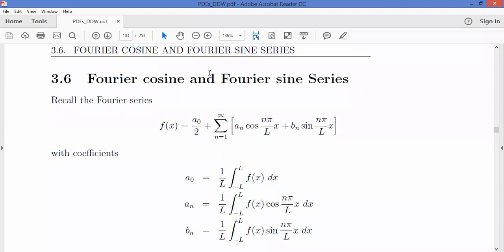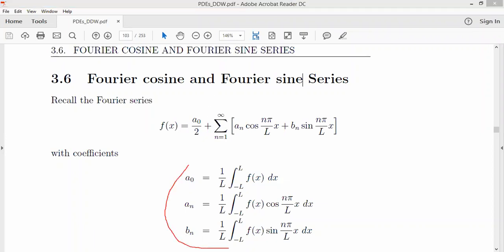So we are looking at this, the modification is going to be on these terms here. Is that okay? And the modification of these terms will depend on whether the function is even or odd.